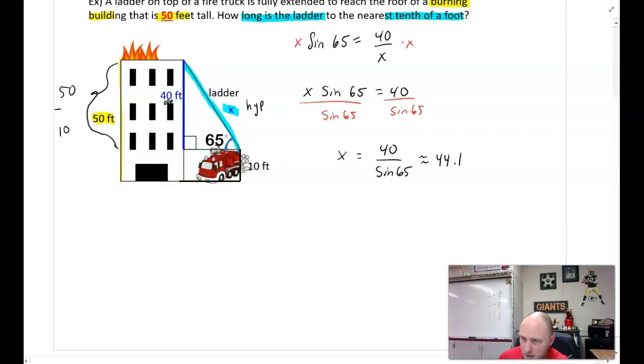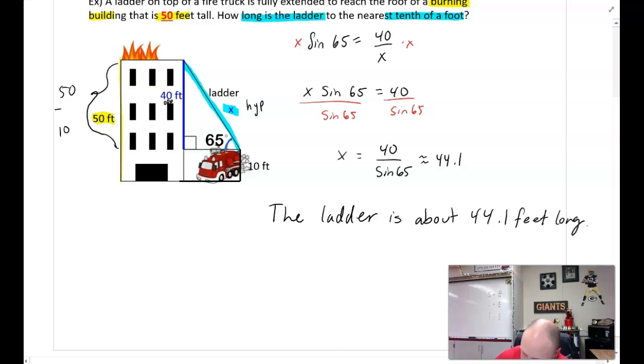Okay, and again, we want to answer with a sentence conclusion. So the ladder is about 44.1 feet long. Okay.